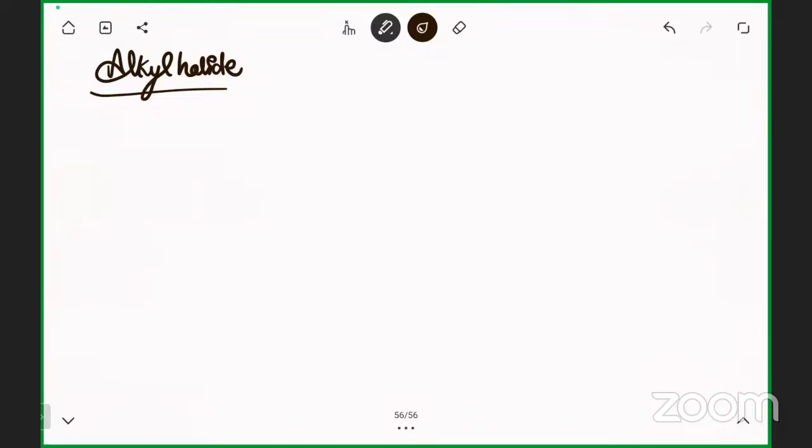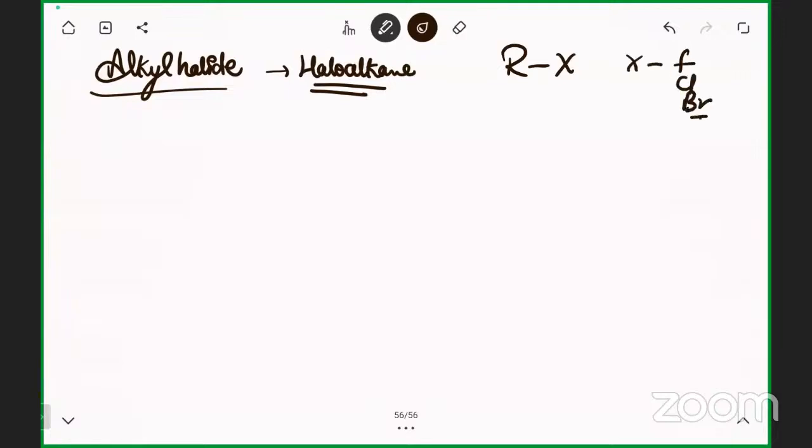Yes or no? Okay, let's try. First, a basic example. These are also known as haloalkane. See, alkyl halide is one alkane, alkyl group along with X. What is X? Fluorine, chlorine, bromine, iodine.